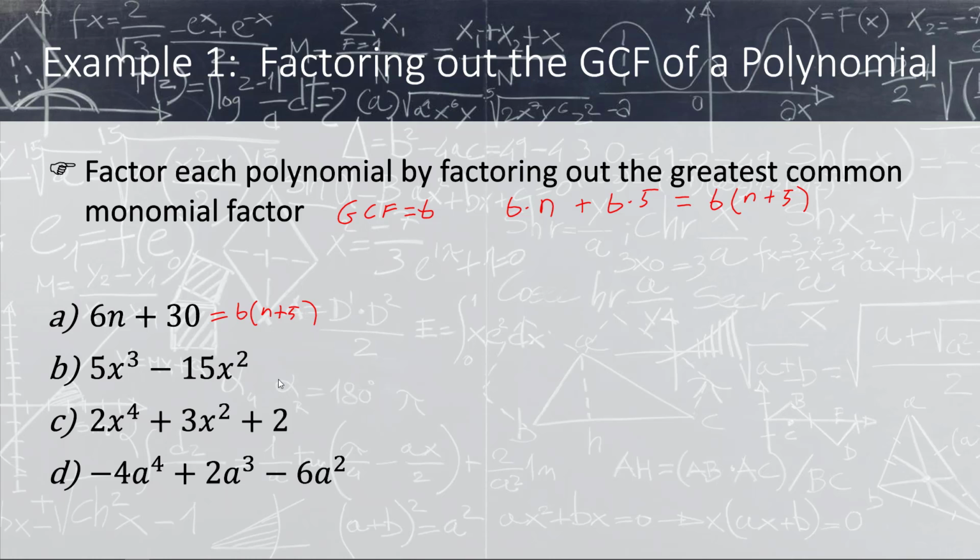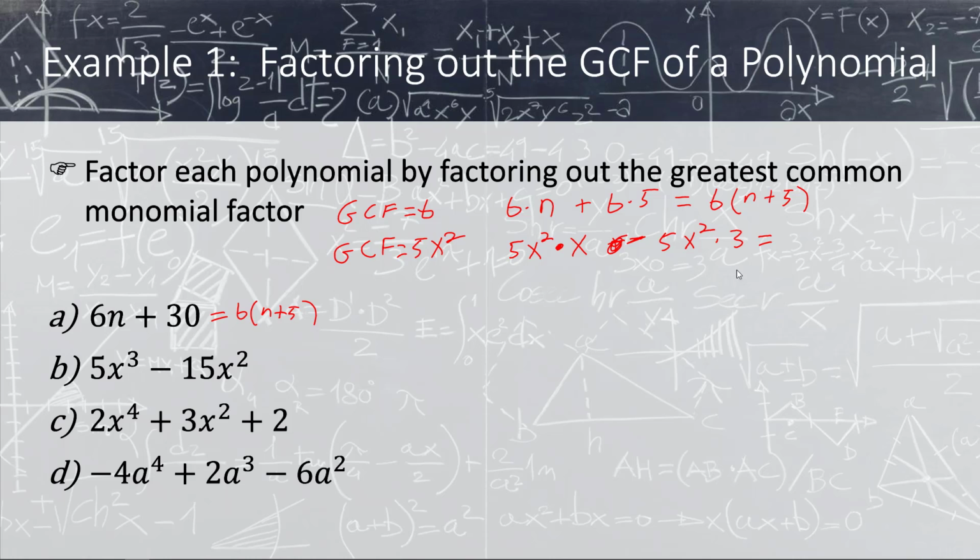Now for the next problem, the greatest common factor was 5x squared. Once again, we can express 5x cubed as the product of the greatest common factor and another factor, which in this case would be x. And then for the minus 15, we would have the product of the greatest common factor, which once again is 5x squared, times some other factor which will produce 15, and of course that would be 3.